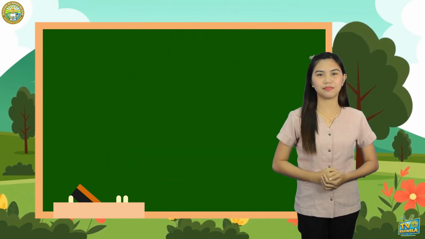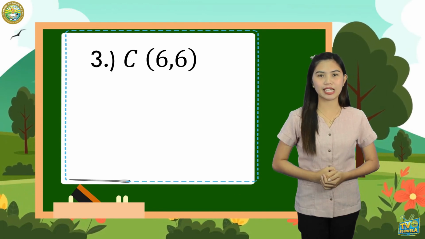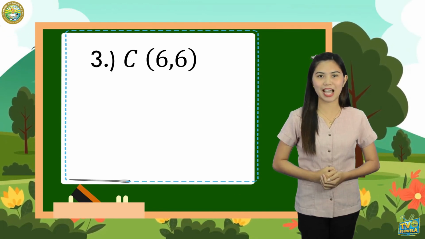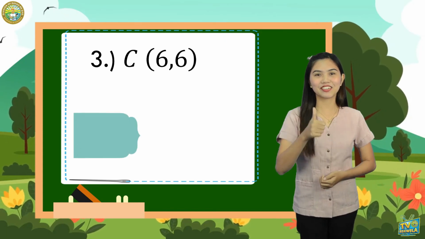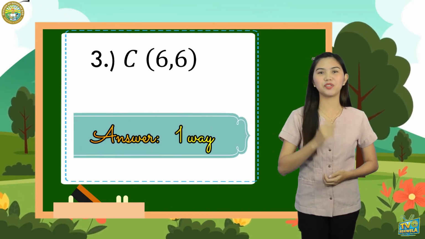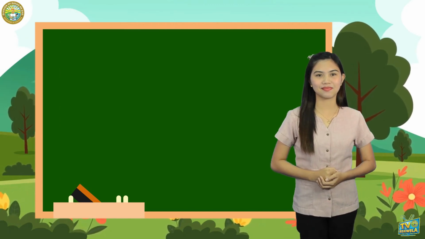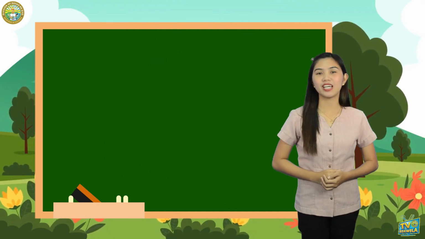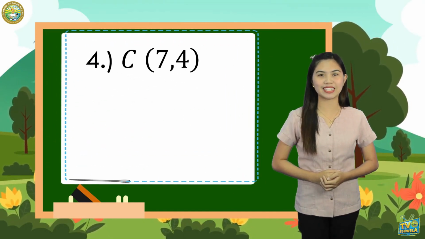Number 3. Combination of 6 objects taken 6 all the time. Correct! Only 1 way. Number 4. Combination of 7 objects taken 4 at a time.